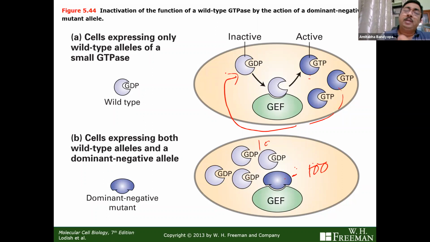In our labs, we often use a strategy. Say this is a transcription factor. Most transcription factors have two domains. One is a DNA binding domain, and the other is an activation domain.